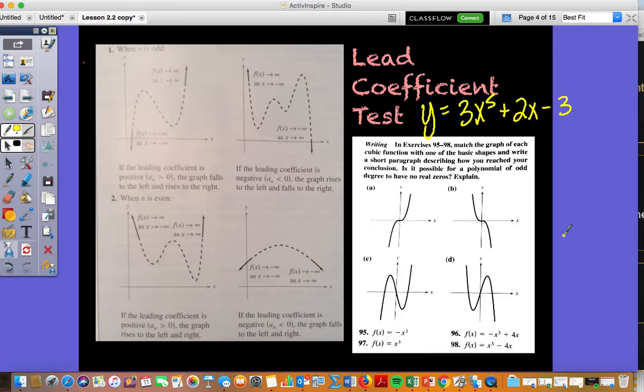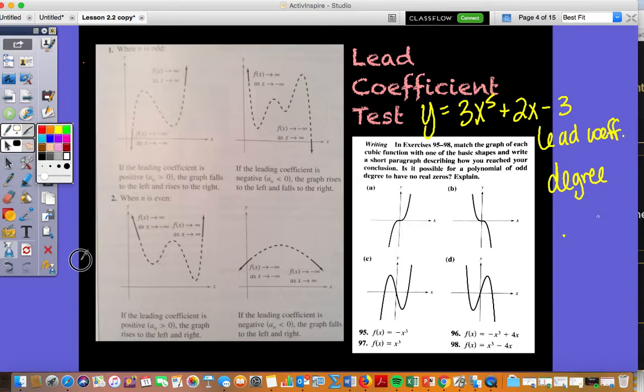So here's how we're going to determine this. We come up with 2 different things. We have what's called a lead coefficient, okay? And I'll actually write this here. A lead coefficient and the degree. Okay? So we have the degree and the lead coefficient. Now, here are the possibilities.